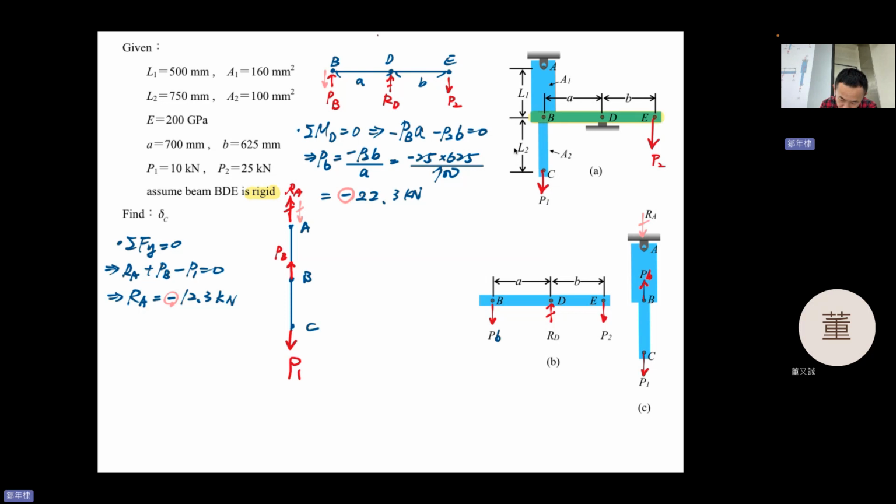So next section, delta C equal to the sum from i equal to 1 to n of N_i L_i over E_i A_i. Okay, so we want to find the first section.